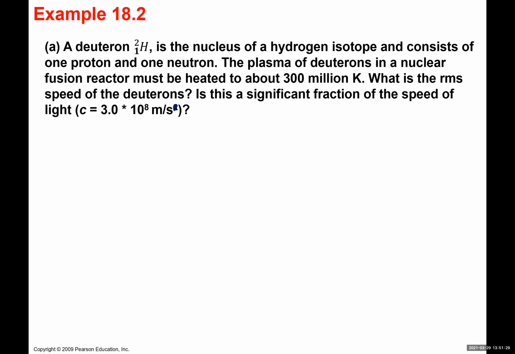All right, so now I'm told that I'm dealing with the nucleus of this hydrogen isotope, and it has one proton and one neutron. Which means I can find my total mass by taking the mass of the proton plus the mass of the neutron. The mass of the proton is 1.67 times 10 to the negative 27 kilogram.